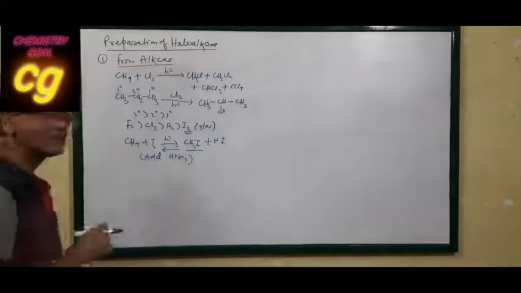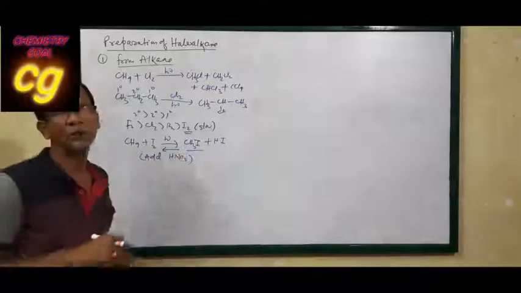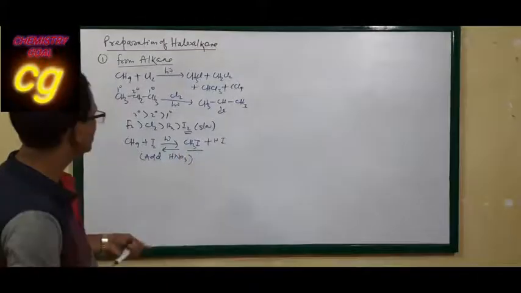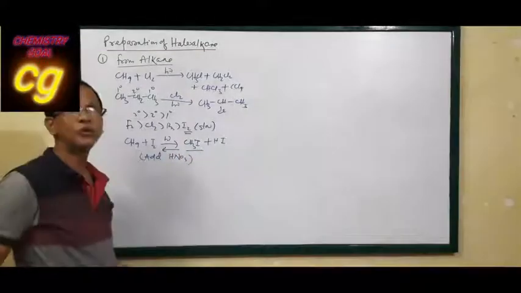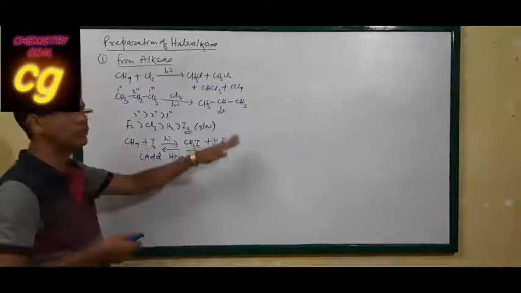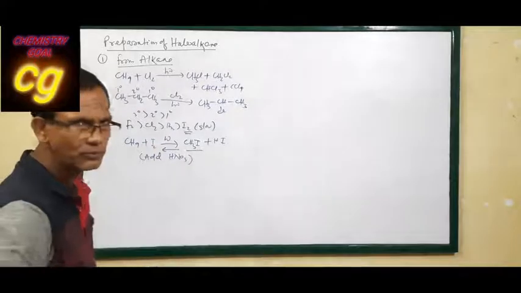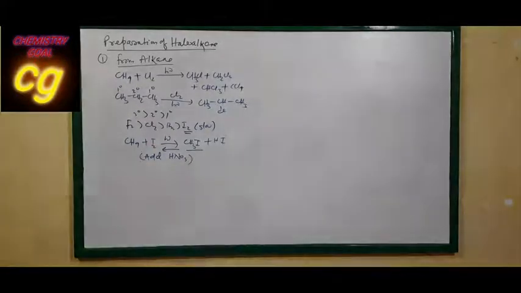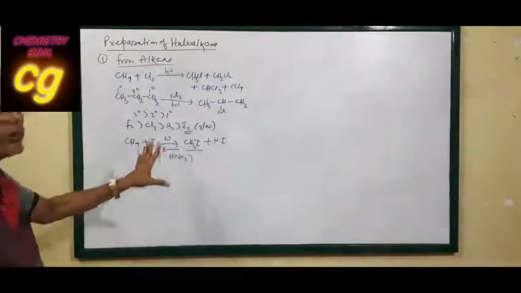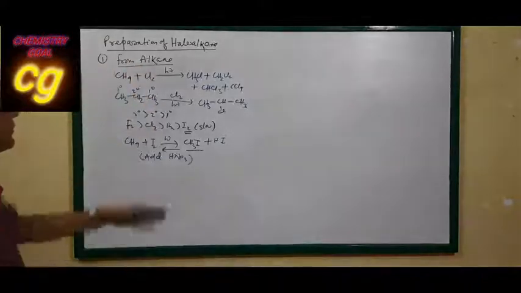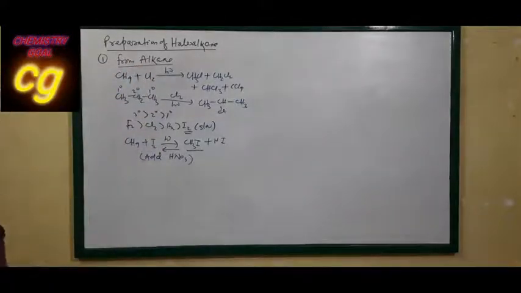If you add nitric acid, the amount of iodoalkane will be more because of oxidation of HI to I2, so that reaction will go in the forward direction. Because the reactivity order is very important for the preparation of haloalkane from alkane.